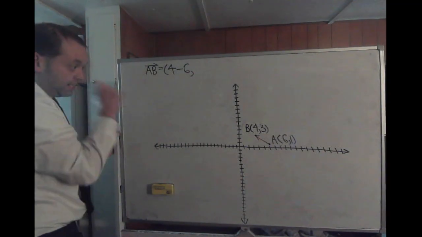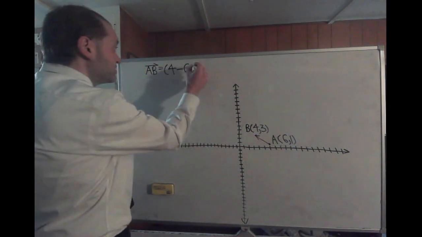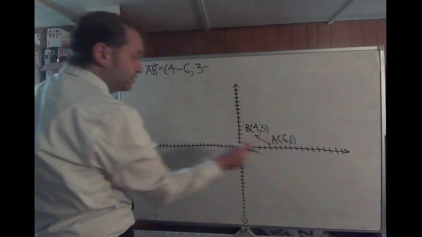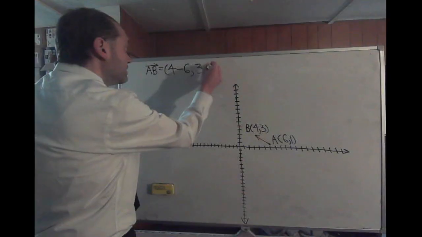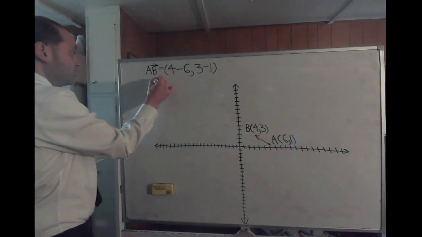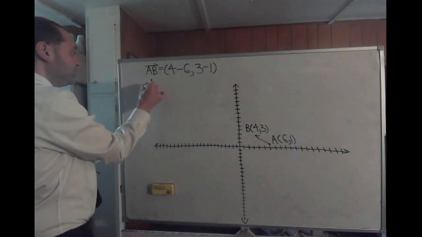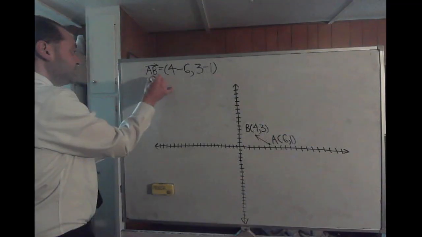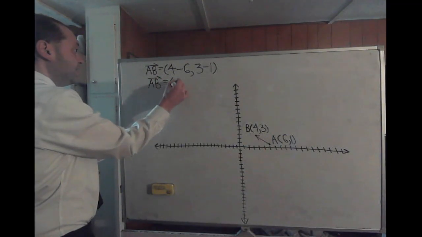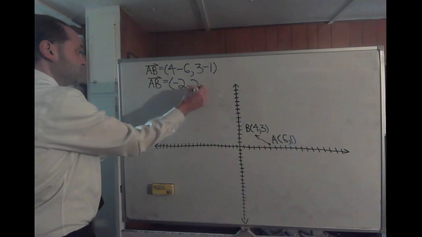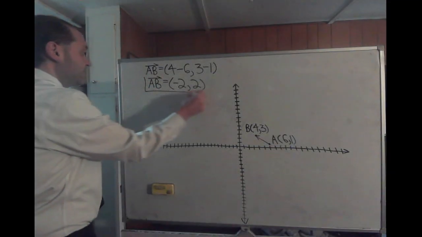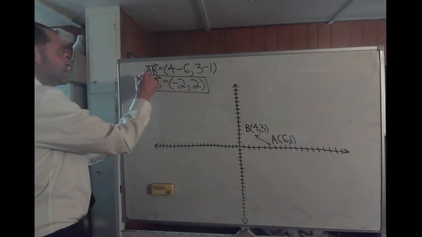And then your second y-coordinate is 3 minus your first y-coordinate of 1. So the value you get for the vector AB would be -2, 2.